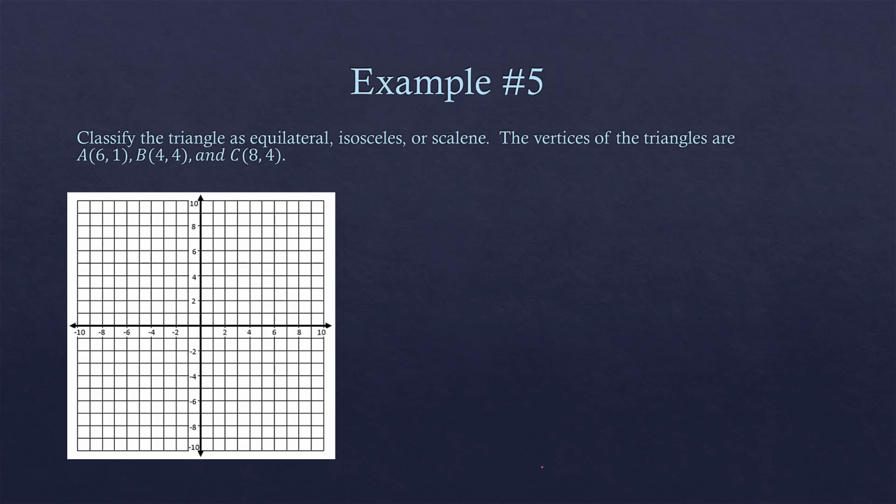All right, our very last problem here is determining what type of triangle we have here. Remember, equilateral has 3 congruent sides, isosceles has 2, and a scalene has 0 congruent sides. So we need to first plot our points.